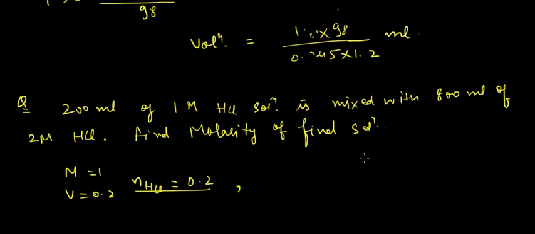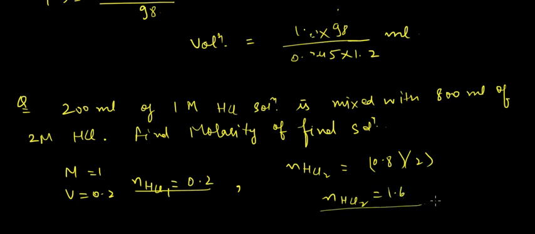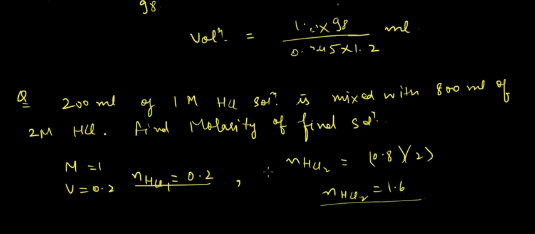Okay, so n of HCl 1 would be 0.2, and n of HCl 2 would be 0.8 times 2, which would be 1.6. Find the molarity of the resultant solution.